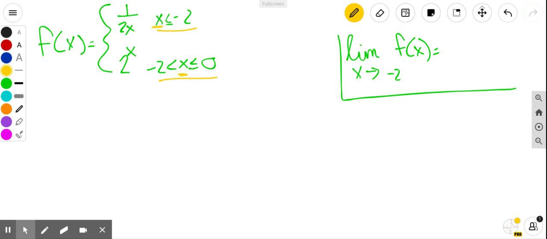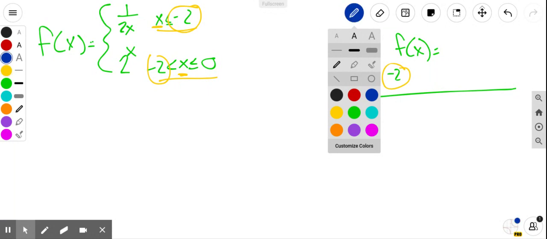Okay? So since we're trying to find the limit as x approaches negative 2, we see right here that negative 2 is sort of that trade-off point where it's going to switch from acting like the top equation and then to start acting like the bottom equation. So that means we need to figure out the left-hand limits right now.